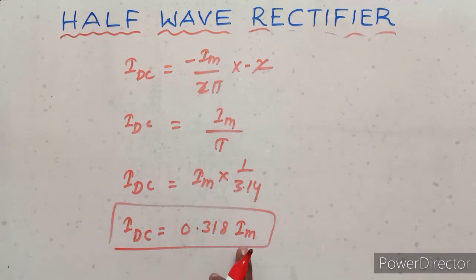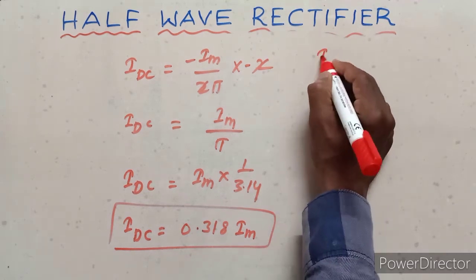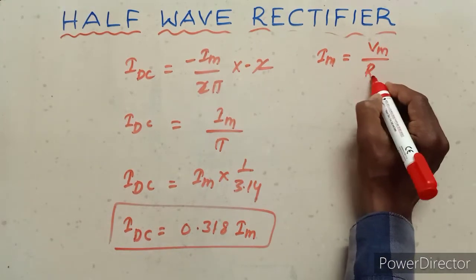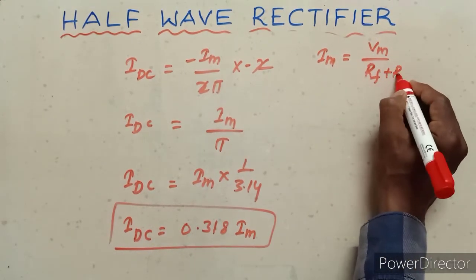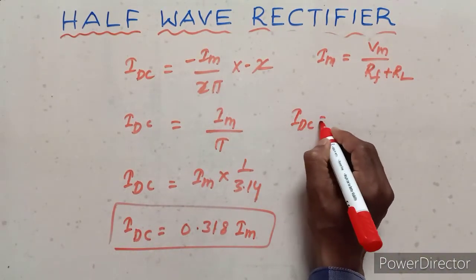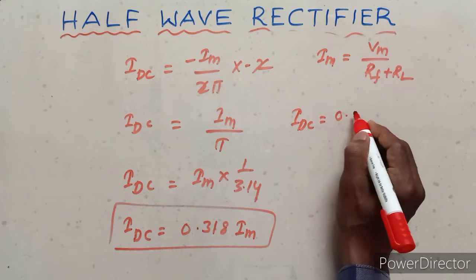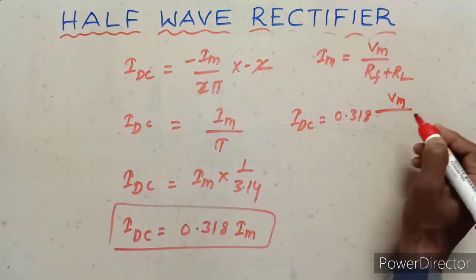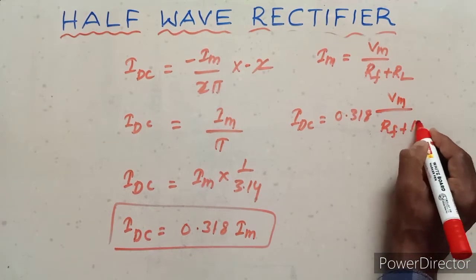But already we know Im equals Vm upon forward resistance plus load resistance. So the DC current equals 0.318 times Vm upon Rf plus RL.